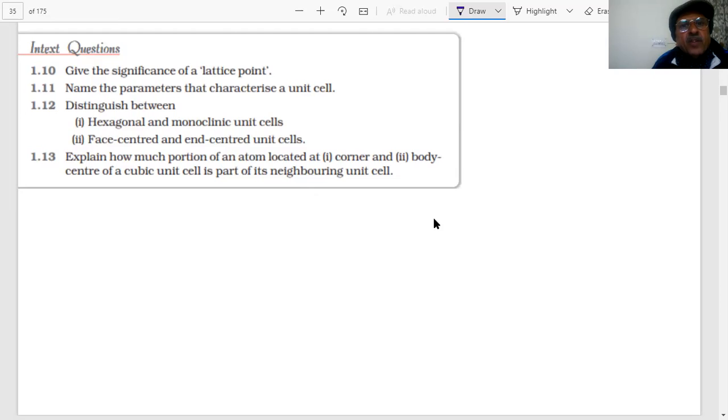Next question on the screen, student. Name the parameters that characterize the unit cell. Its lengths along the three edges A, B, C, and the three angles alpha, beta, gamma. Along the x-axis, along y, along z.